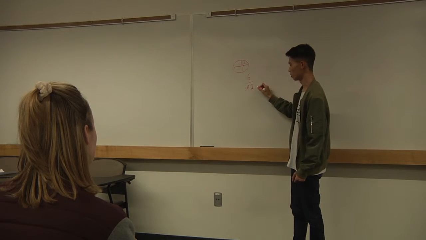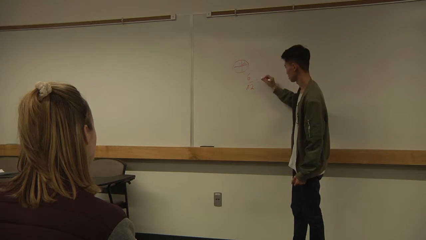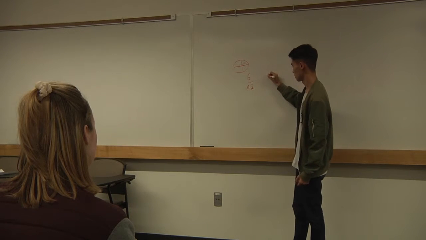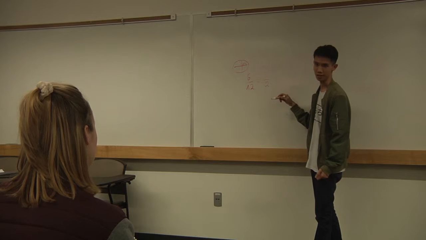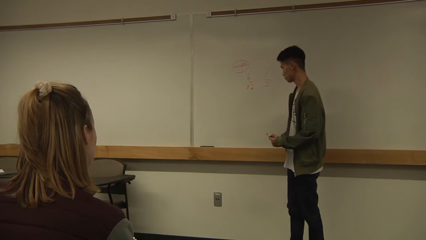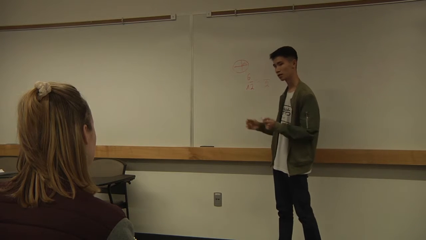Because 6 and 12 can both be divided by 6, you can simplify it: 6 divided by 6 is 1, and then 12 divided by 6 is 2. So pretty much just make it as small as you can. That's simplify. They're the same thing, but if the exam asks you to simplify it, go for it.